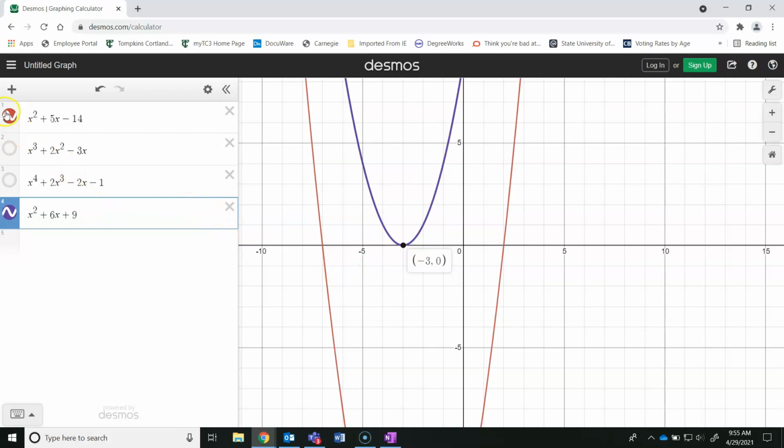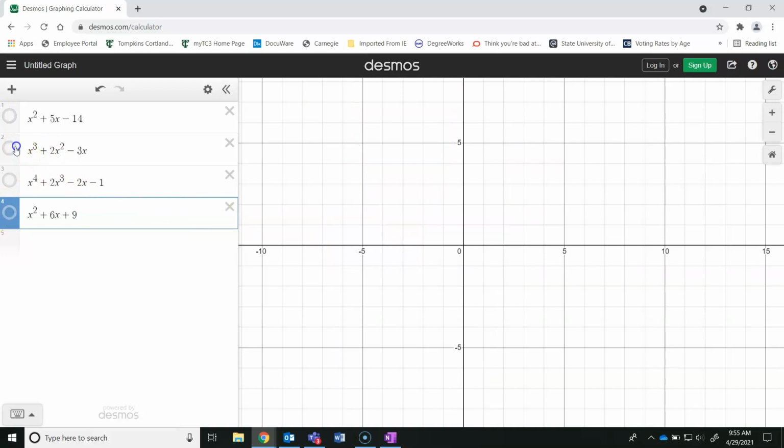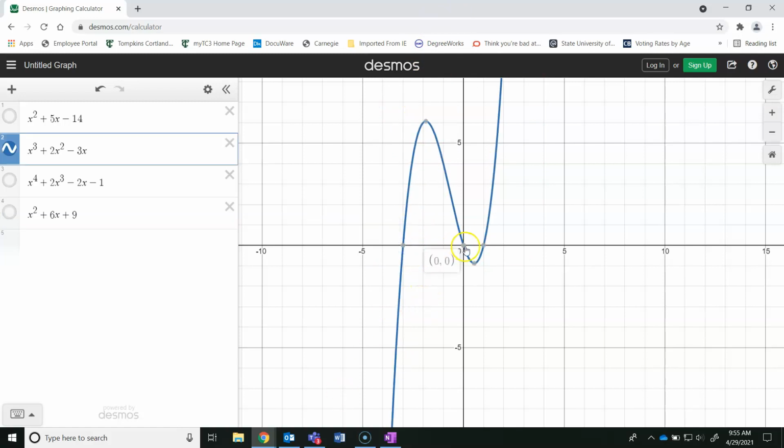So then if we look at an x to the third, every time you add an extra exponent, another degree, the graph curves again. So instead of just being a parabola like x squared, it curves again and goes this way. And so you can see that in this case, it can cross in as many as 3 places.